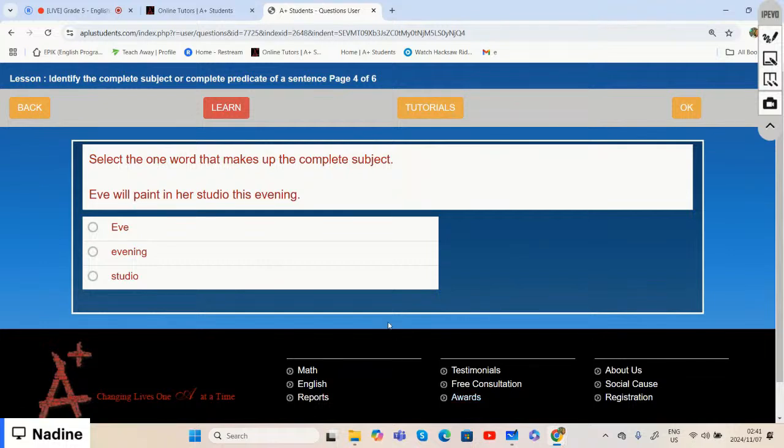All right. So it says Eve will paint in her studio this evening. Is it option one, Eve, option two, evening, or option three, studio? We need to select the best subject.